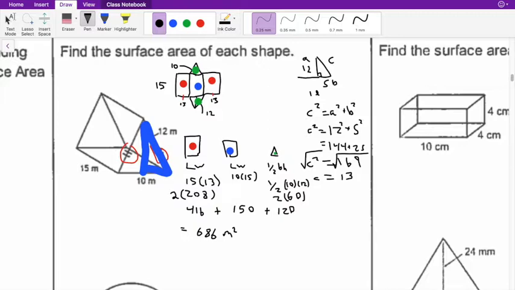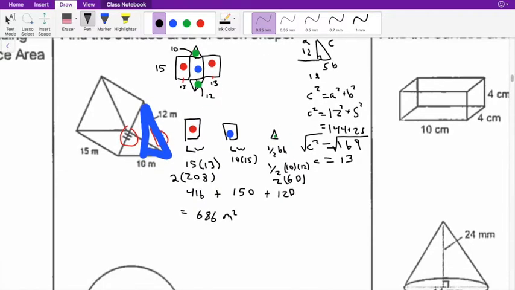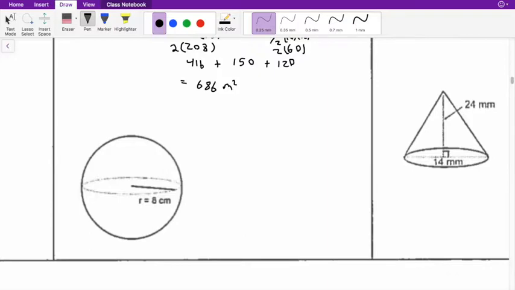Okay. Now the surface area for this, we have the radius is this. And we know the surface area formula equals 4 pi r squared. So it equals 4 times pi times 8 squared.